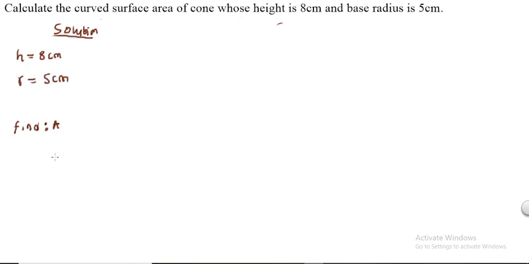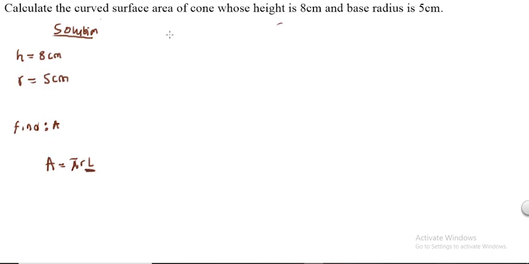The curved surface area of a cone, like I stated before, is A is equal to pi r l. We can use this formula to find the curved surface area, but the problem is that we do not know the value of l. So we have to first find the value of l.